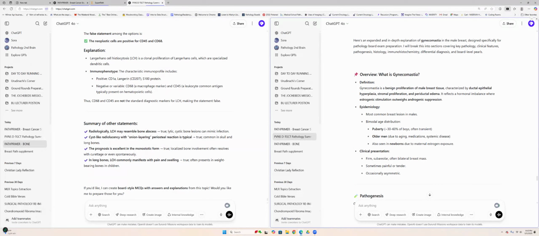It has a bimodal age distribution: puberty, often transient in boys, and older men due to aging and medications. An example of a medication that can cause it is spironolactone, an aldosterone antagonist used as a potassium-sparing diuretic. It's anti-androgen, and this can cause gynecomastia.